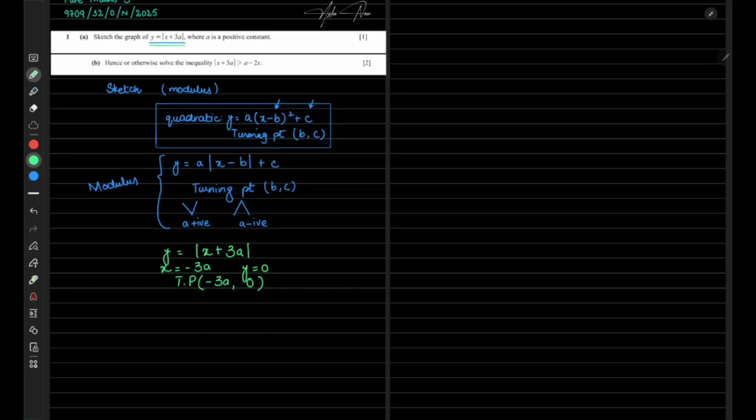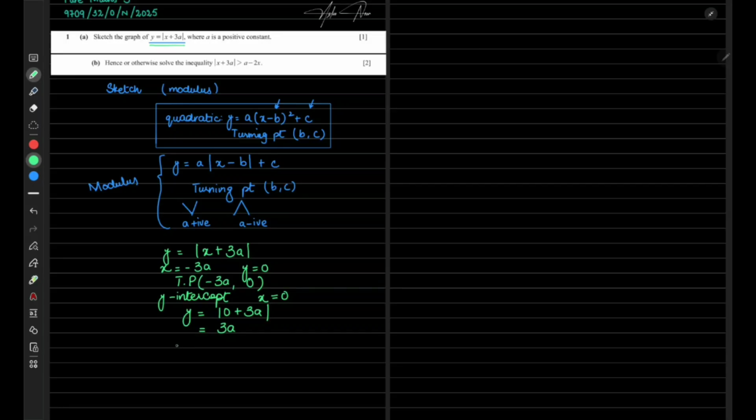The second thing for sketching is the y-intercept or x-intercept. For the y-intercept, we put x to be 0, so y turns out to be 0 plus 3a, that is 3a.